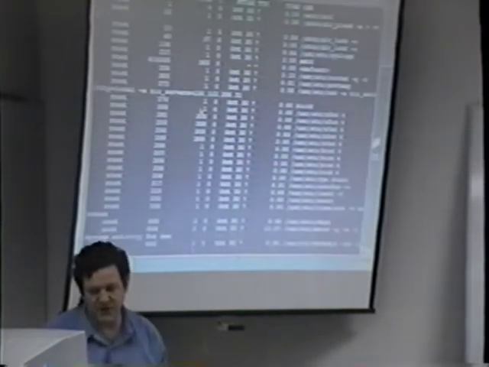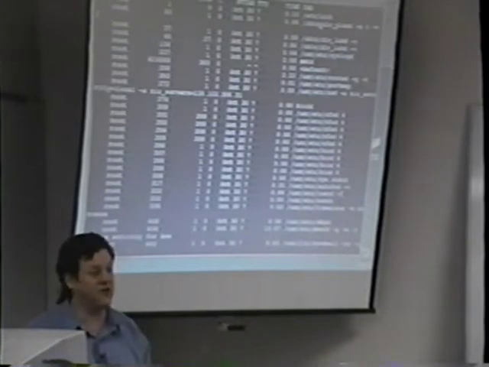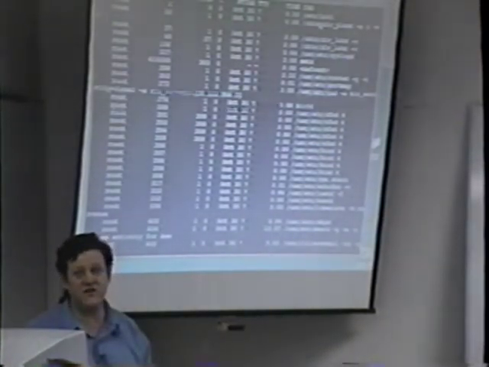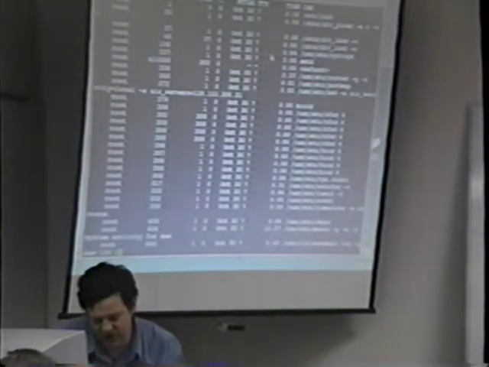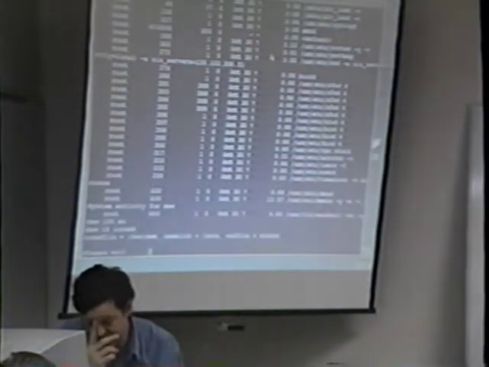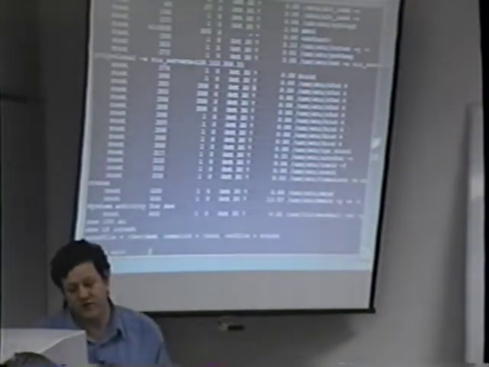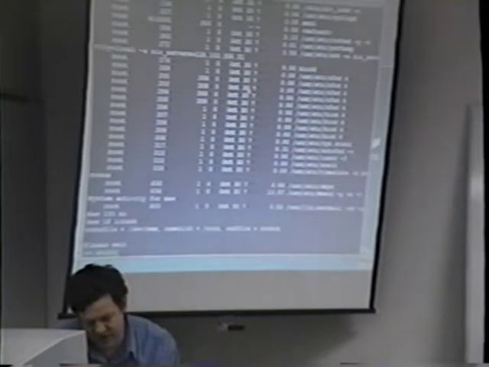But if I go to a 6.5 system, they will not show up there because they are now within the kernel. So I still have daemons, but I don't have vhand, I don't have bdflush. They don't have process table entries as such. However, if I go into icrash in IRIX, let's see, I can do, let's see, sthreads.